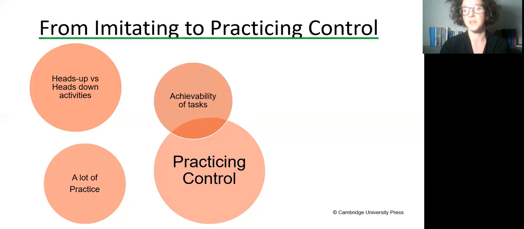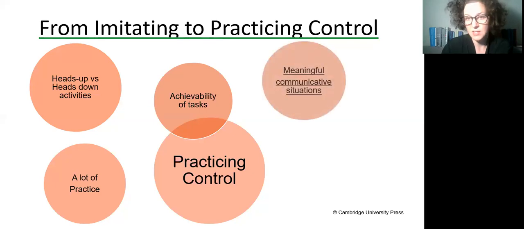Now we move to achievability of the tasks. For practicing control, we need to set the tasks in such a way that we know exactly that students will achieve at least something in this task, that they will succeed, right? They will succeed in most of it, maybe not in all of it, but at the same time, there will be a challenge. Then meaningful communicative situations.